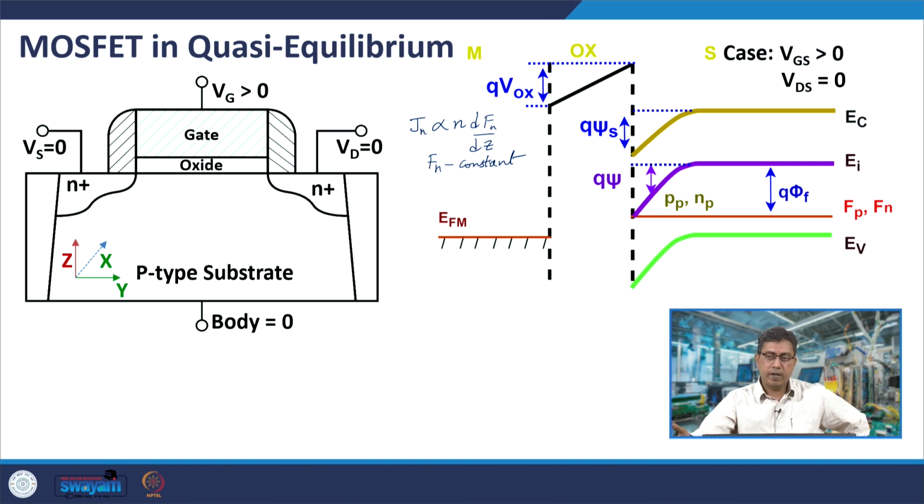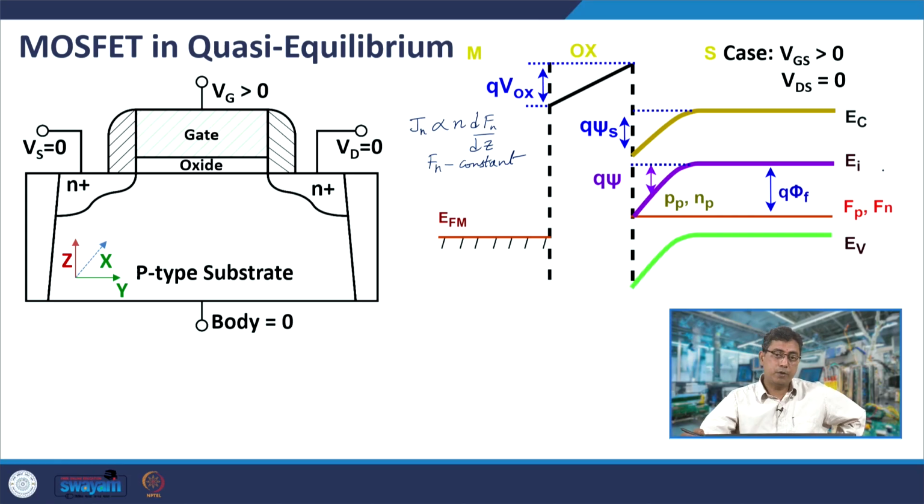The dopant ion concentration is balanced by the carrier concentration, like what you had in equilibrium. Therefore, the quasi Fermi levels match the equilibrium Fermi level deep inside silicon.